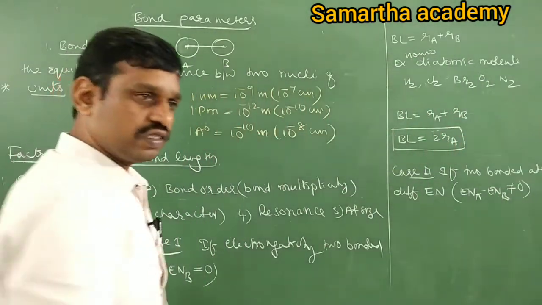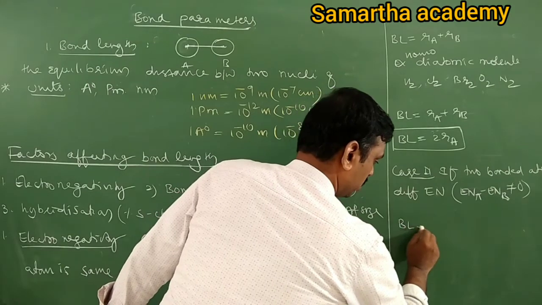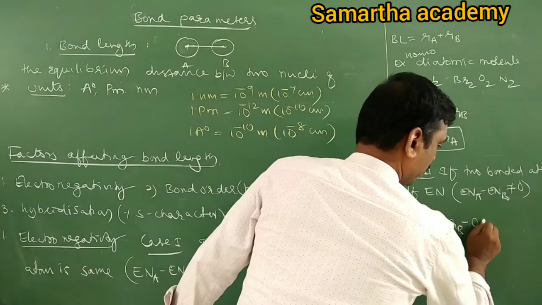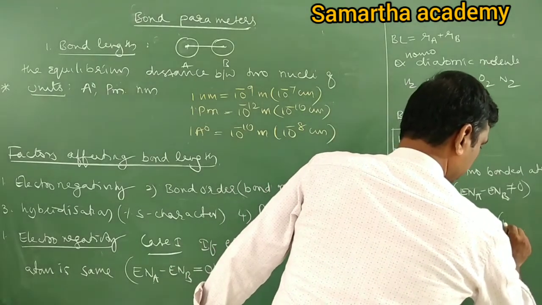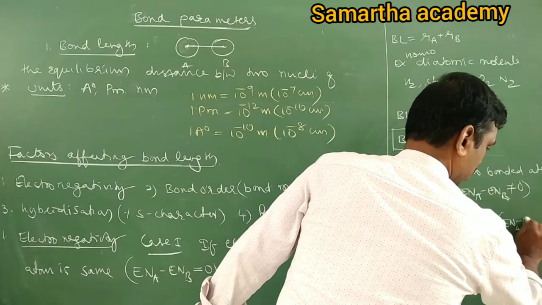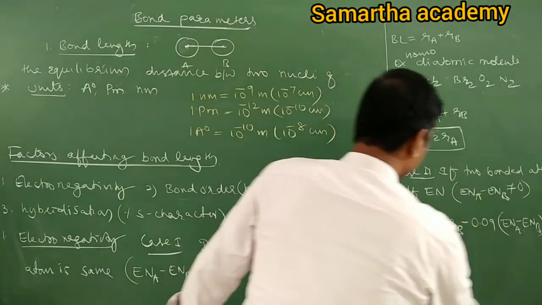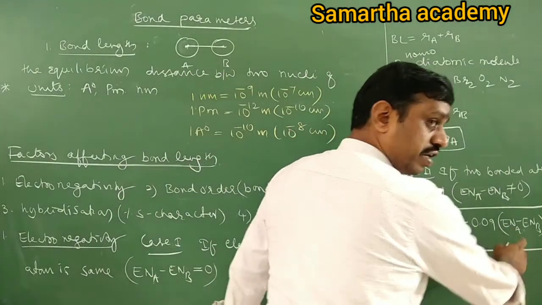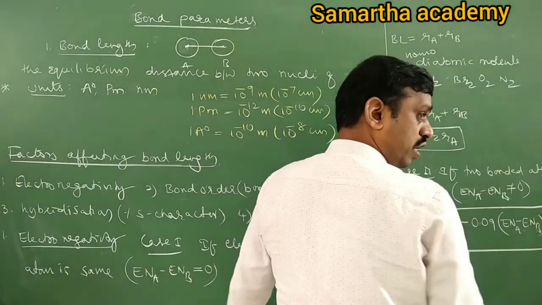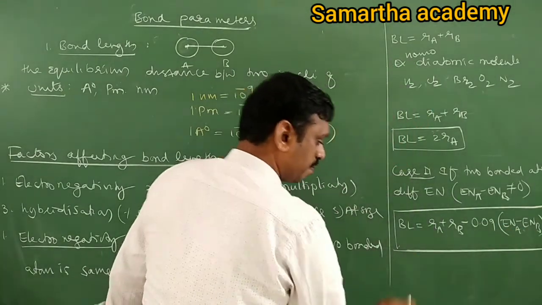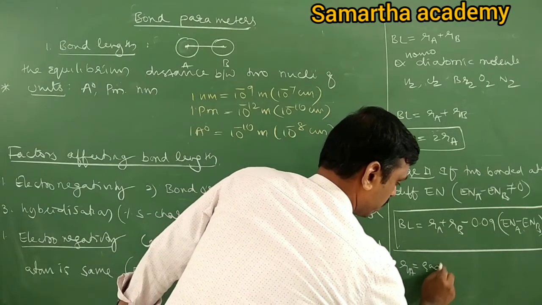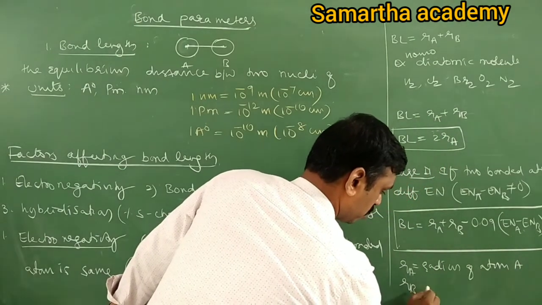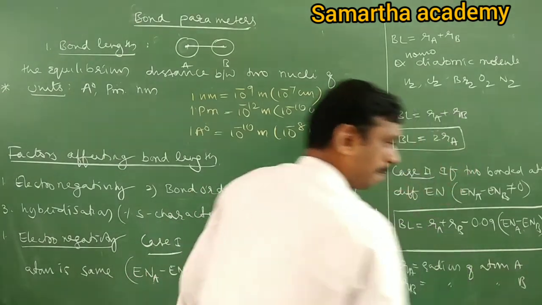In this case, the bond length is different. We have a formula: bond length equals RA plus RB minus 0.09 into (ENA minus ENB). Where ENA is the electronegativity of atom A, ENB is the electronegativity of atom B, RA is the radius of atom A and RB is the radius of atom B.